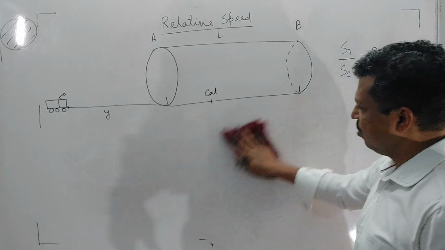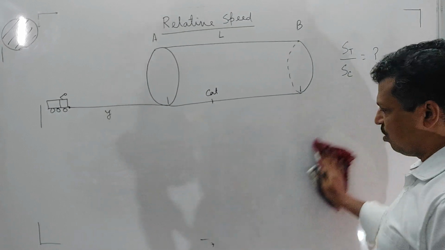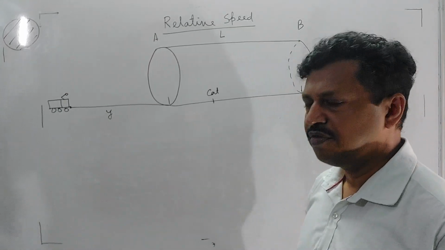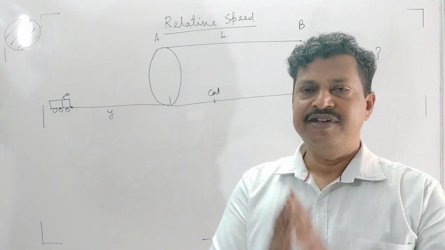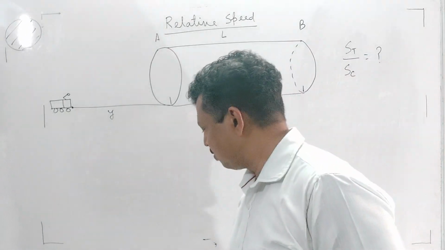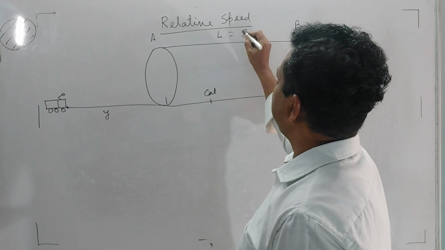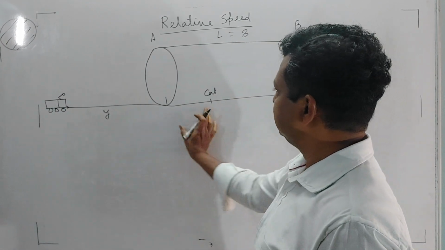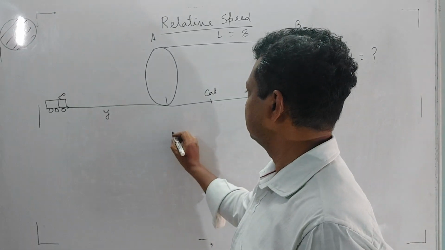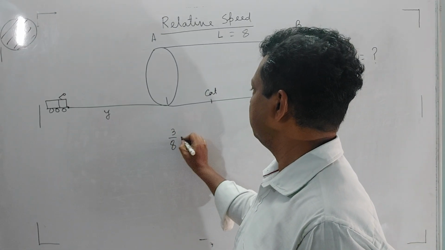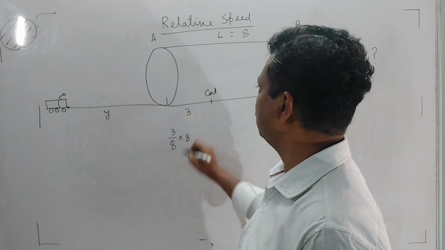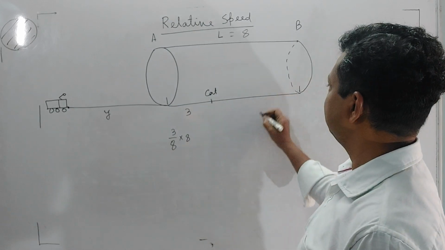You can take 8 kilometer or any multiple of 8 kilometer, then you will have integer values. That's it. So let's take L equal to 8 kilometer. So this distance will be how much? 3 by 8 into 8. So this will be 3 kilometer and this will be 5 kilometers.